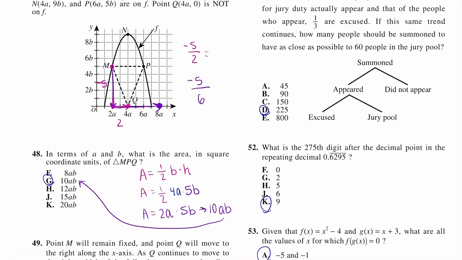Because this is technically like -2.5. So on a number line, just remember our slope is increasing here when we move to the right. The reason is that -2.5 is like here on the number line. Here's 0, right? Here's 1. Here's 2. So -5/6 is closer to 0. So our slope is going to be increasing.